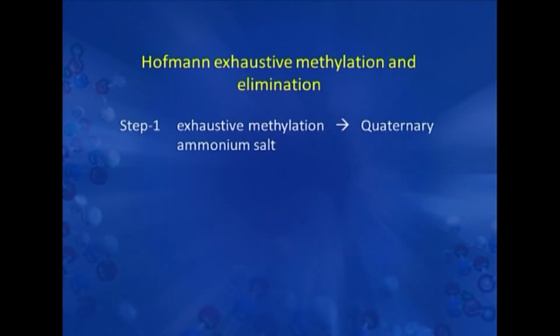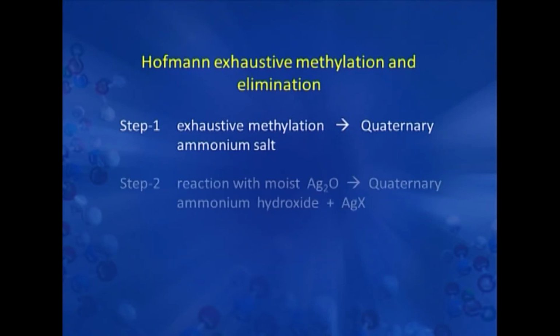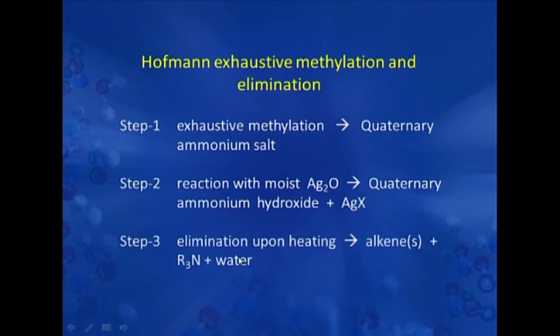In step 1, methylation takes place up to quaternary ammonium salt stage. In step 2, the quaternary ammonium iodide or ammonium salt is treated with moist silver oxide, and there is formation of quaternary ammonium hydroxide, and in the final step elimination takes place to generate alkene along with a tertiary amine and water. Butanamine, a primary amine, utilizes 3 molecules of methyl iodide.